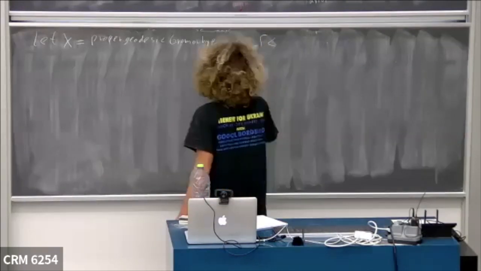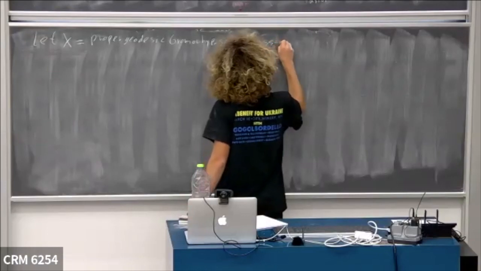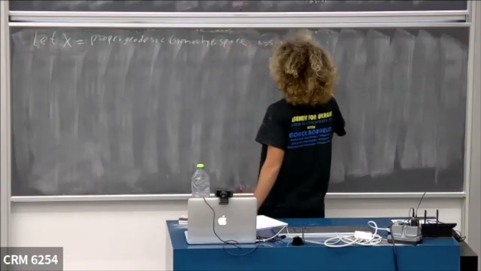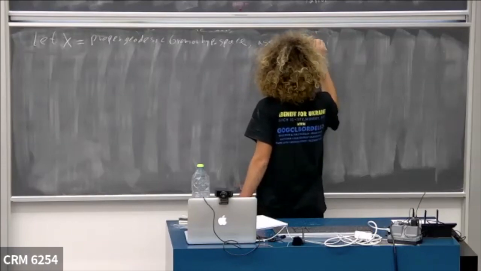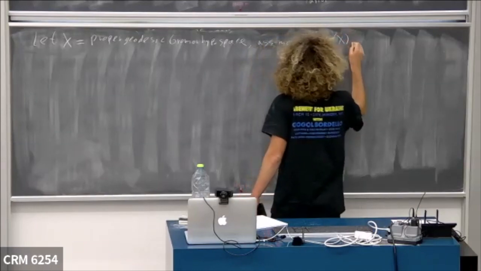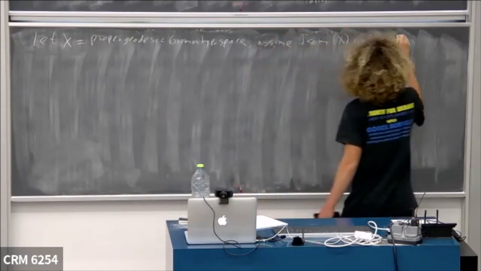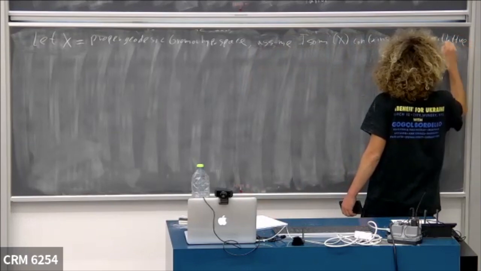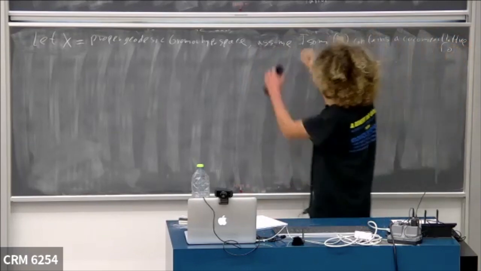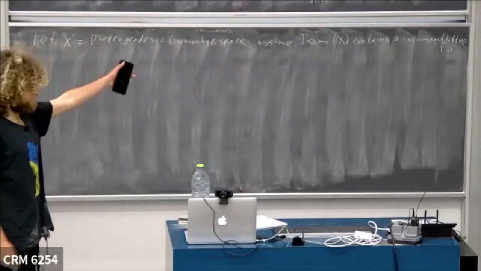So, okay, X is a proper Gromov hyperbolic space, and you assume that the isometry group of X contains a co-compact lattice gamma 0, which means there is some group which acts discretely and co-compactly.